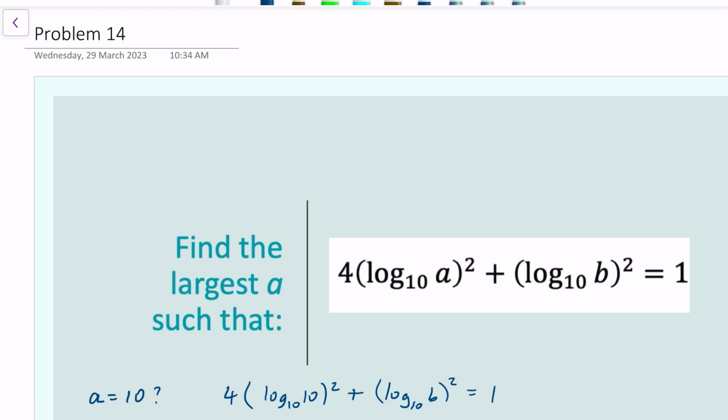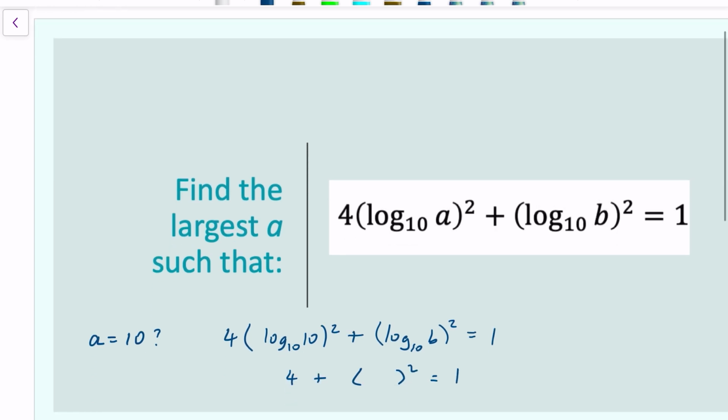Log base 10 of 10 is 1, so I get 4 plus something squared equals 1. Now that is only going to work if the log base 10 of B part is an imaginary number. And we assume that A and B are real numbers, because at this level of the curriculum we don't know how to take the logs of complex numbers. So A can't be 10, so we need to go smaller than that.